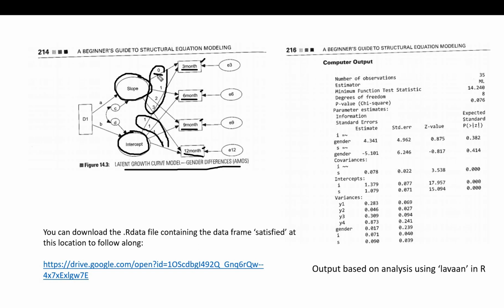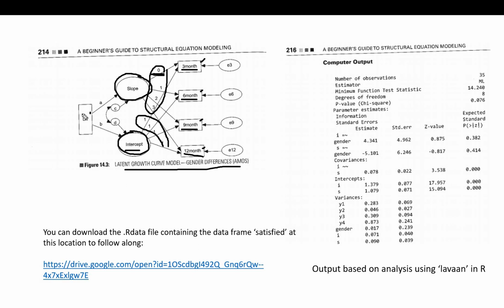And by virtue of this coding, with the 0 as the first loading, the interpretation of the intercept will be the predicted level of customer satisfaction at basically the first time point or first measurement occasion.